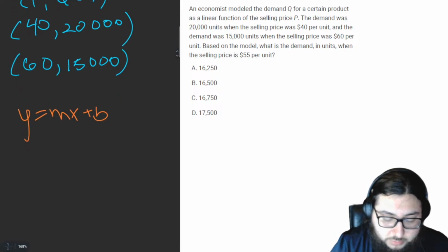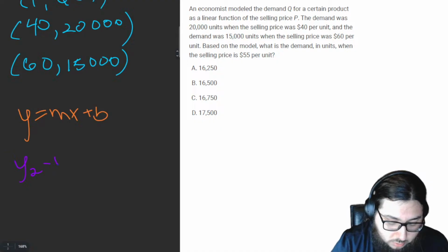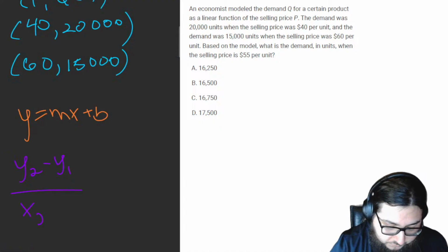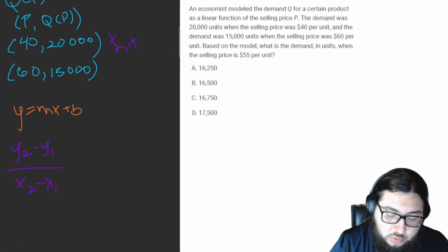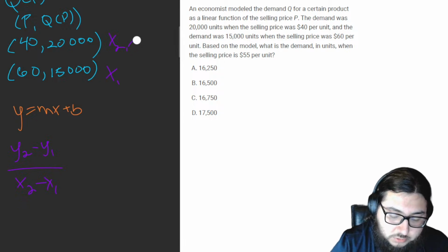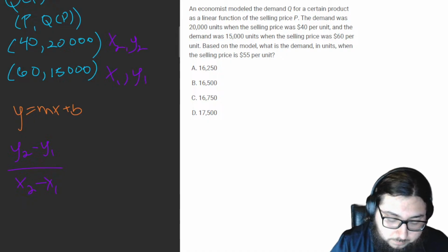So to do that, first we can use the slope formula to determine our slope. So let's do this to be x2 comma y2, and this to be x1 comma y1.